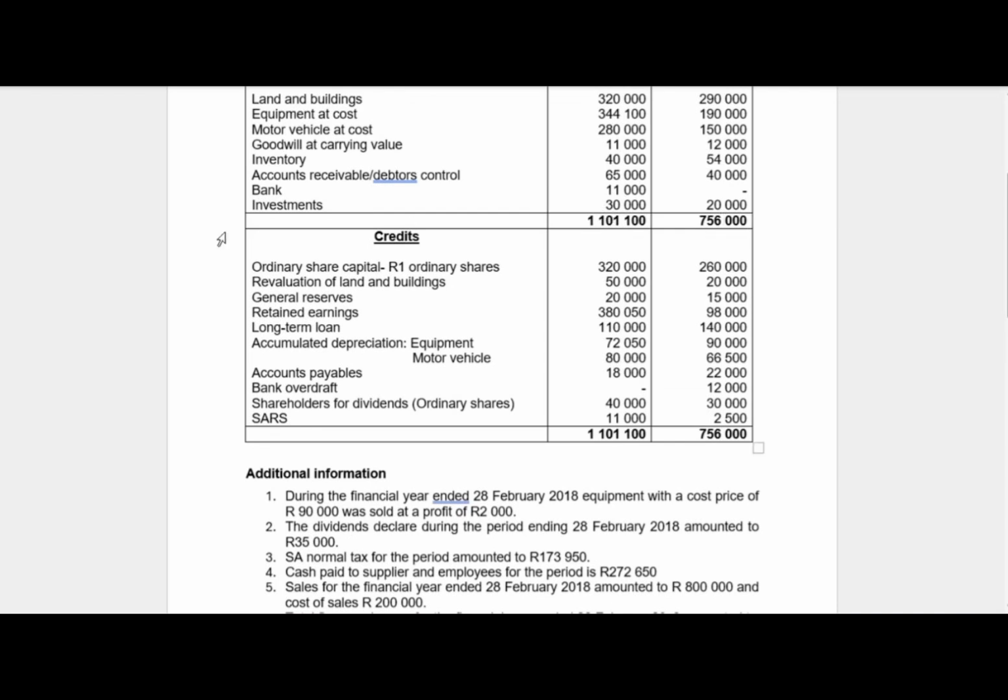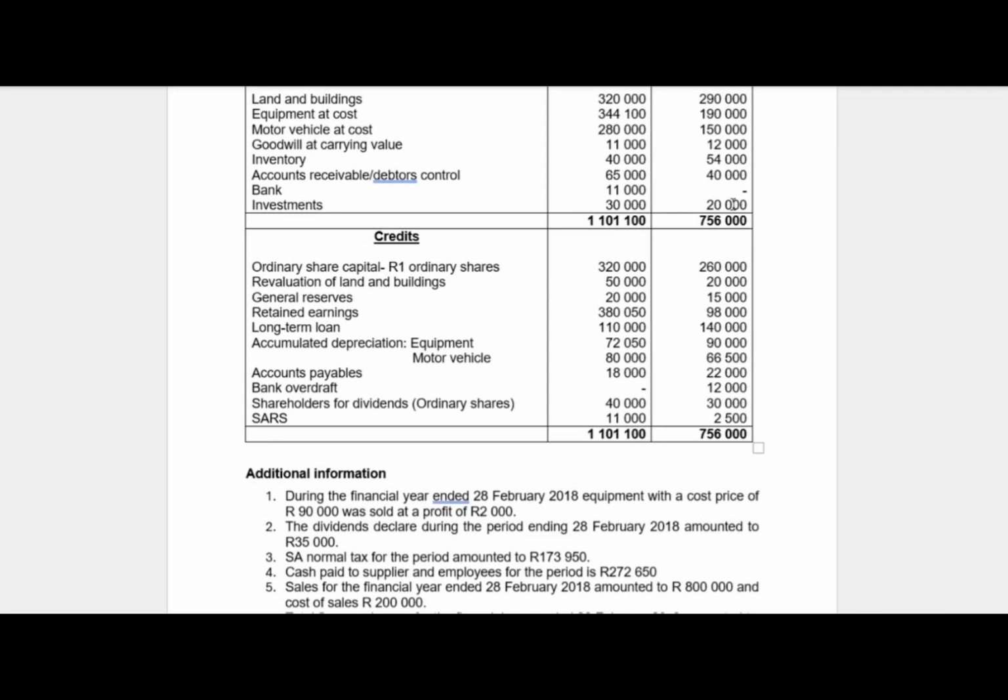If you check that, there's an increase in investment. An increase in investment is an outflow because you took money from your bank to go and invest it into another account, which is an investment account, right? So the difference between the 30,000 and 20,000 will be an increase in investment.